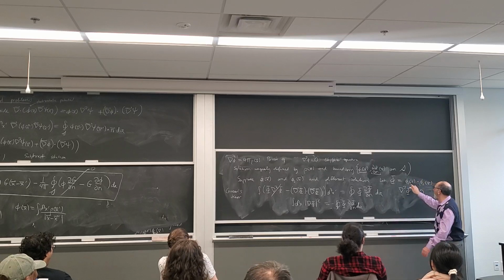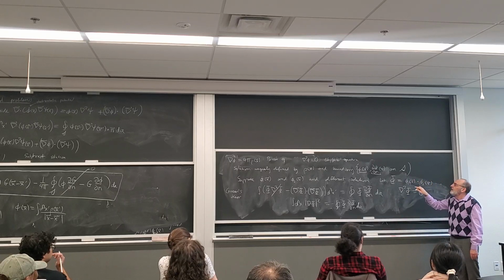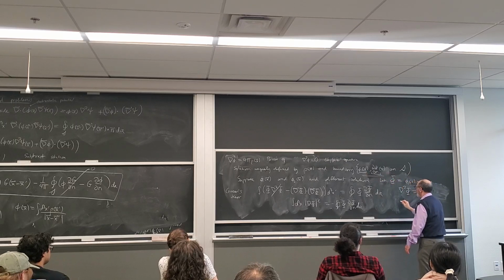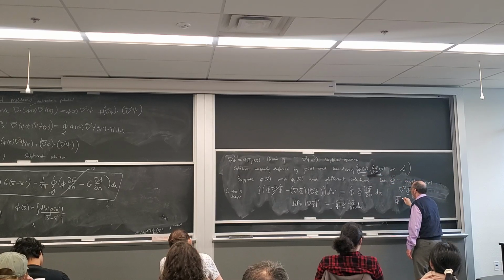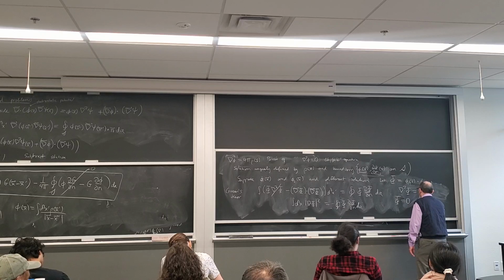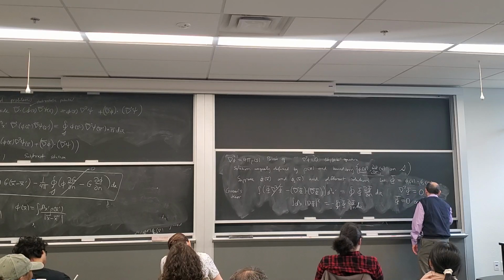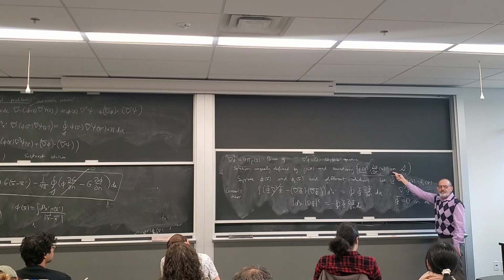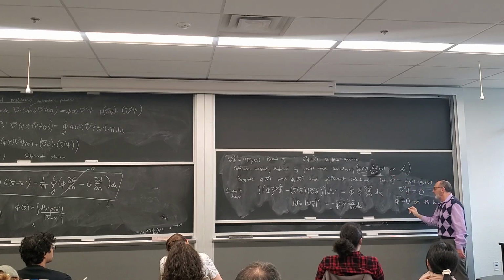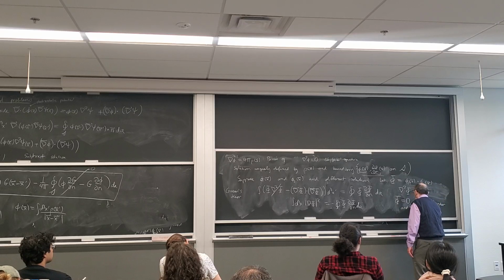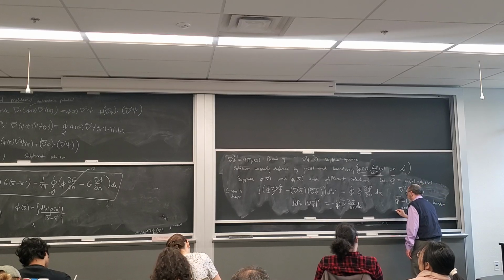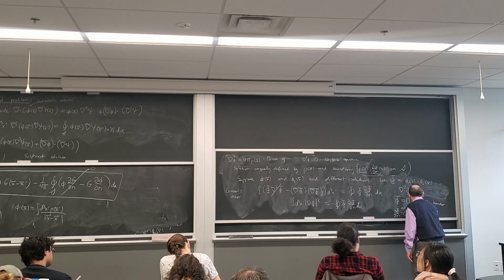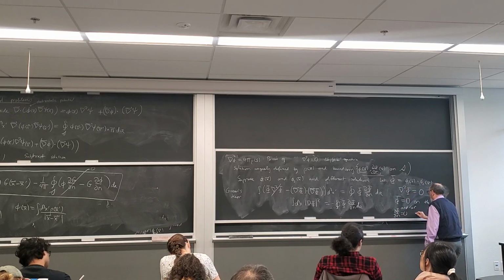So that means that this is 0 on the boundary, because they have to satisfy the same boundary conditions, and or the normal derivative is 0 on the boundary.